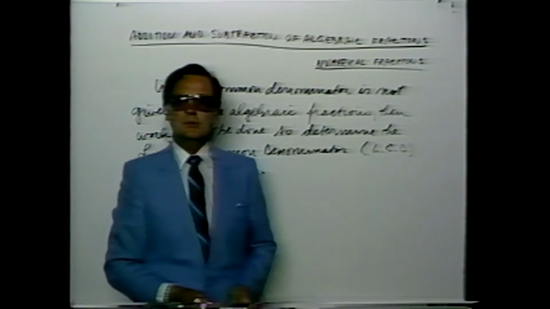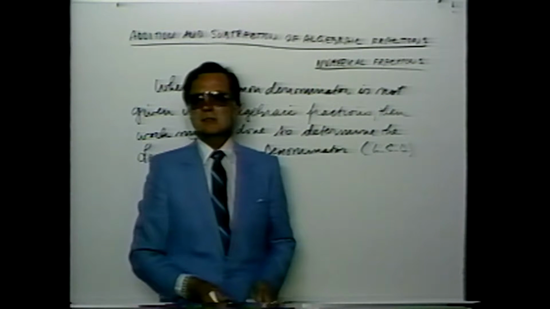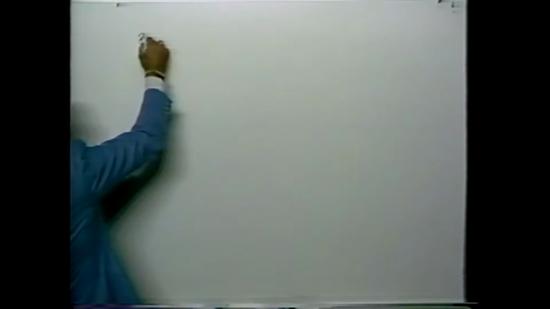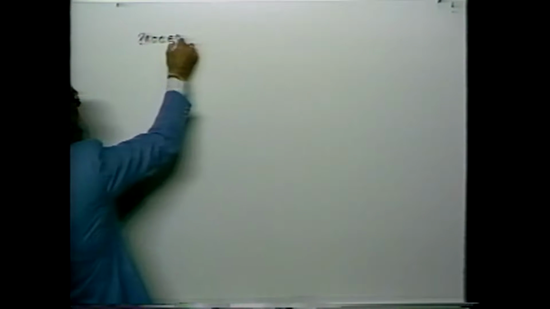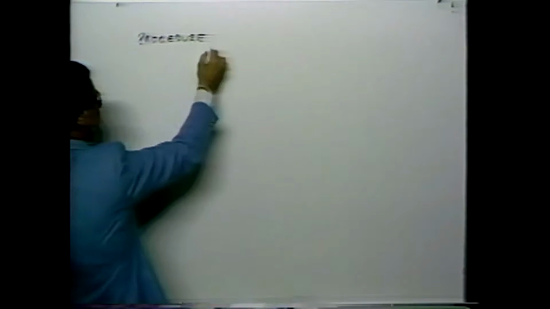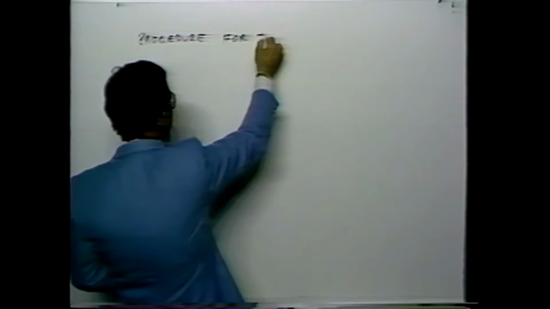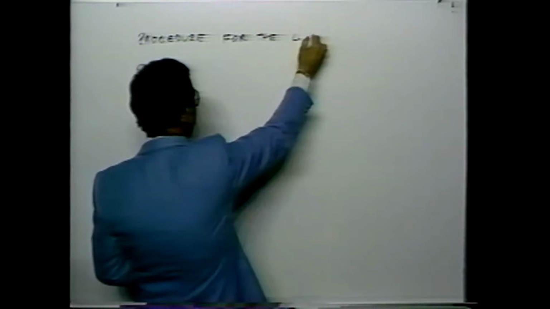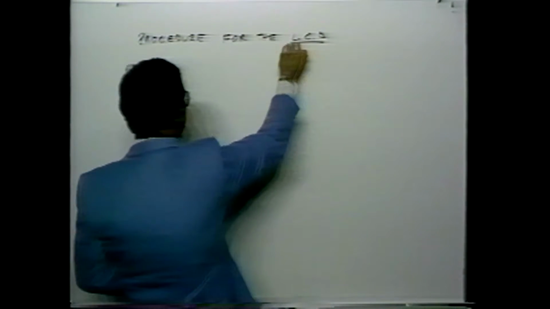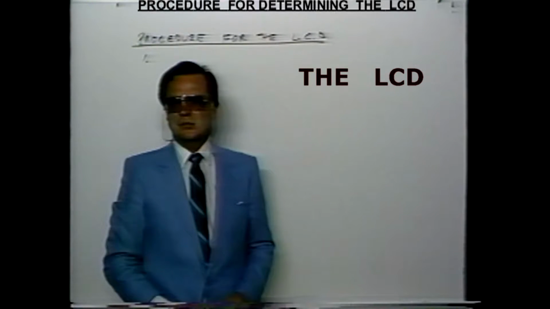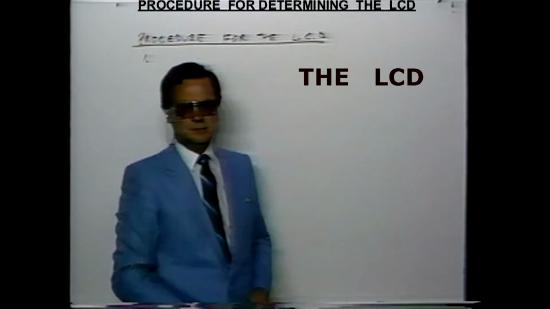The procedure to obtain the LCD is the same as in numerical fractions. The procedure then to obtain the LCD will be explained now. First, factor the denominators of each fraction.